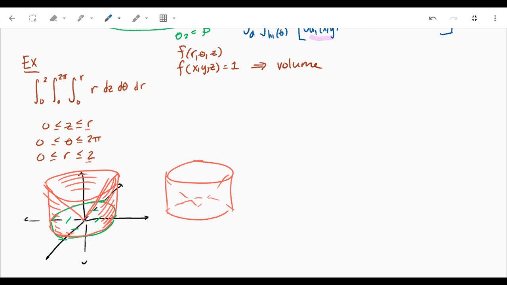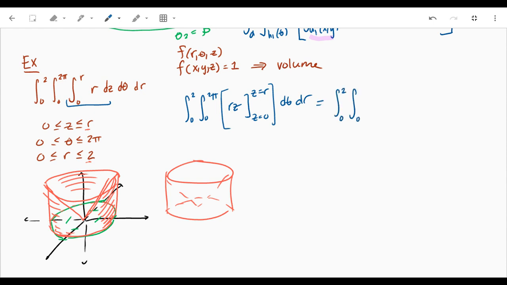So we want to integrate with respect to z first. We will have the integral from 0 to 2, integral from 0 to 2 pi, of rz evaluated from z equals 0 to z equals r, and then d theta dr. So that's the integral from 0 to 2, 0 to 2 pi, of just r squared.